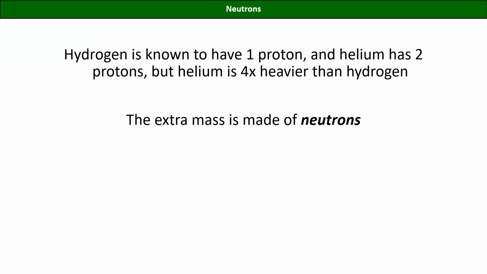But it couldn't be something that had a charge, because they knew your negative charge was concentrated in the electrons and your positive charge was in the protons. So they had something that had mass that wasn't charged, which they called neutrons. Literally for neutral electron, just like proton is based on the same root as electron.